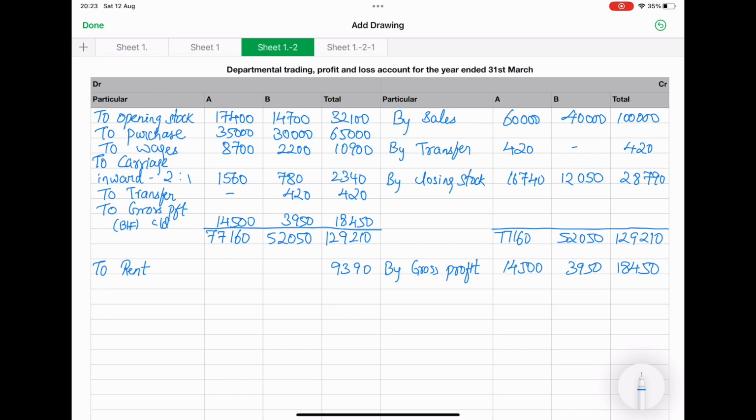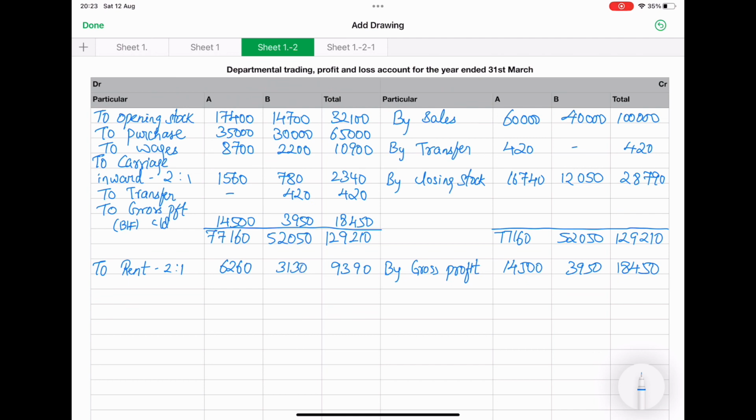In the question itself they have mentioned in the additional information the ratio of 2:1. 9,390 into 2/3, so total for A 6,260 and for B 3,130.